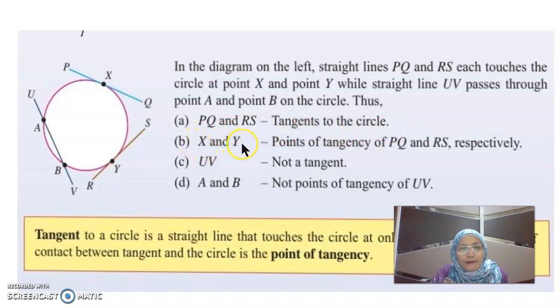X and Y are points of tangency of PQ and RS respectively. UV is not a tangent. A and B are not points of tangency of UV.